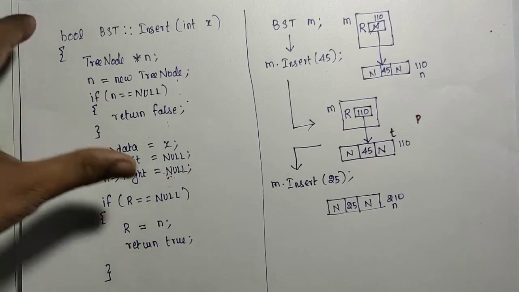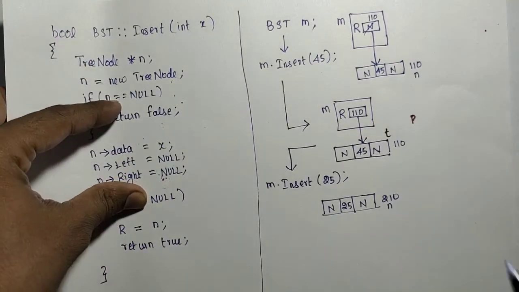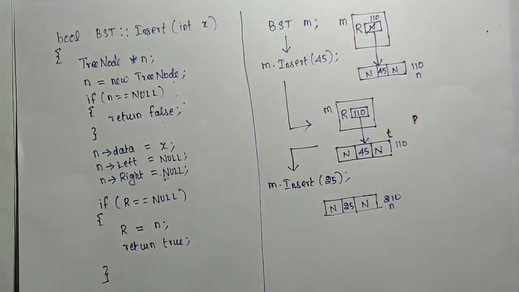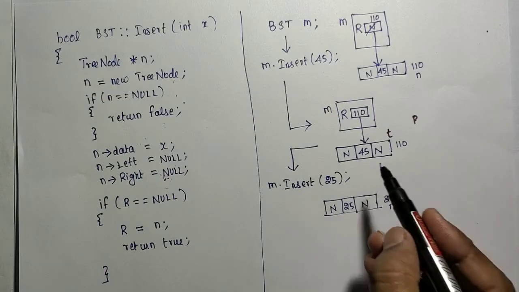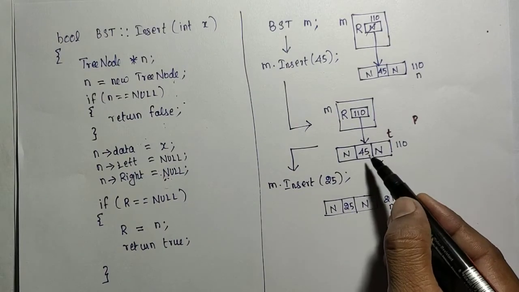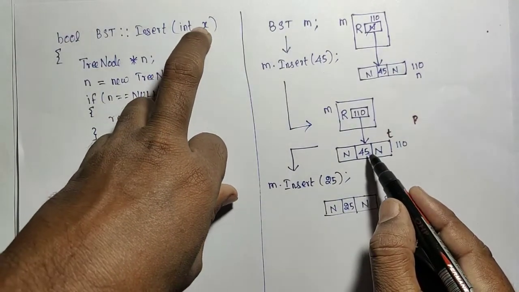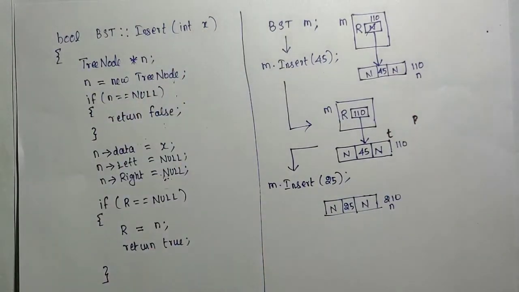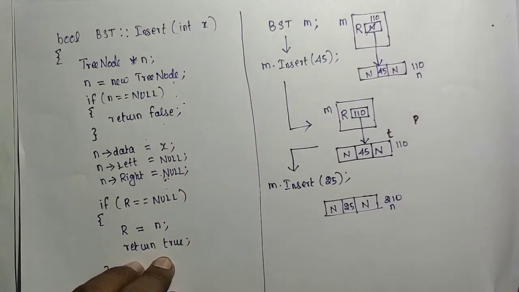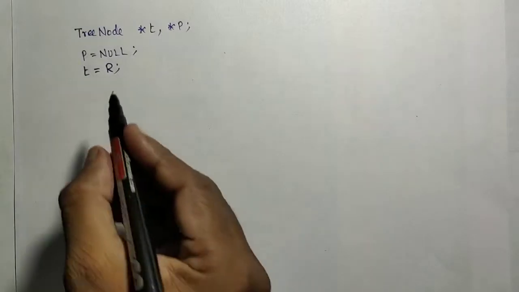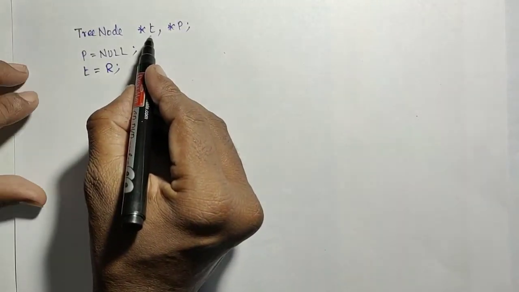So I need to start comparing; t will be moved to the left side or right side, based on the new data, which is x, and that t value. Based on that, the t will be moved on the left side or right side. So I have to continuously increment the t.